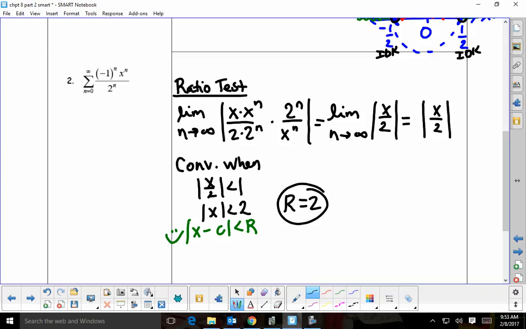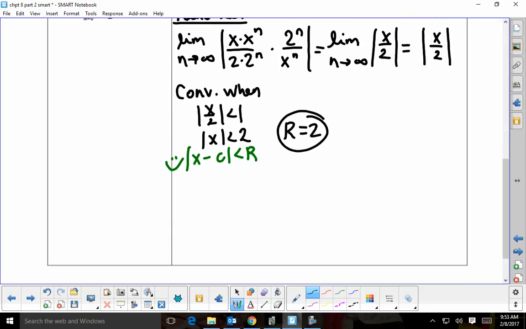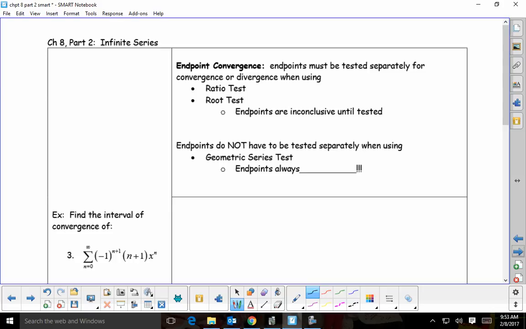Is that okay? Wait one more time for that. Okay, so the radius of convergence isn't too bad. Nice. When they, however, ask me for the interval of convergence, I have to do a little bit more. Just a little bit more.